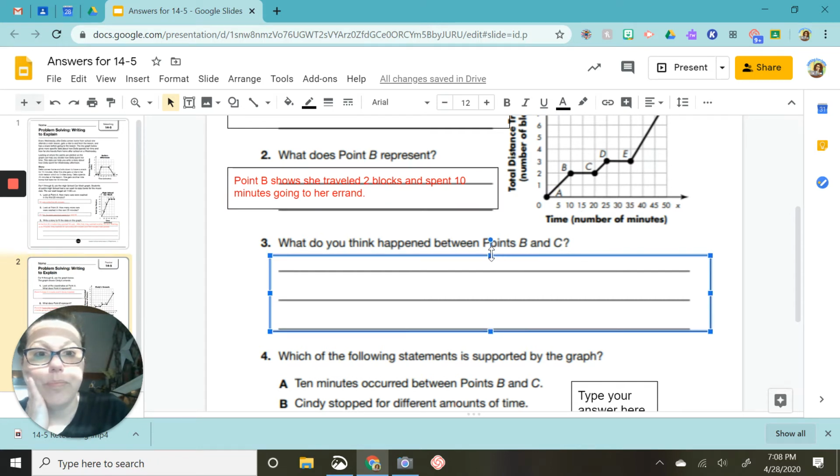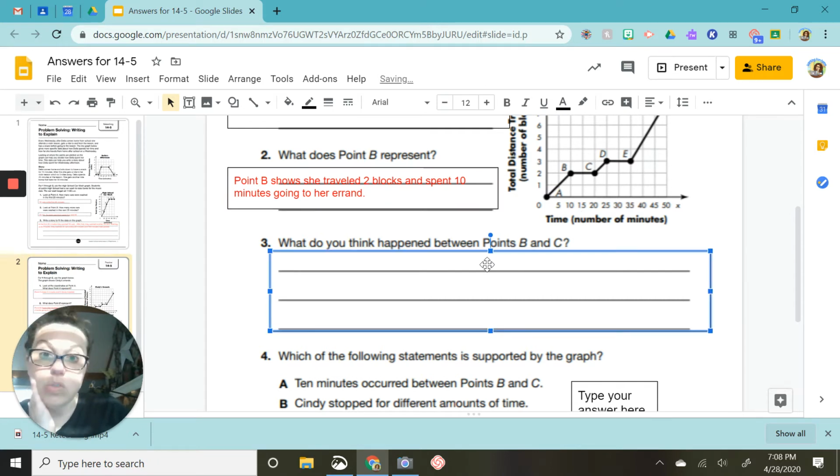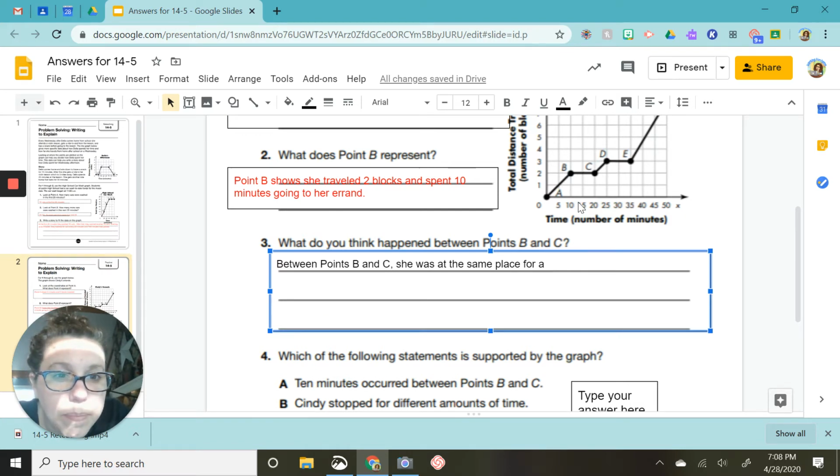Well, let's think of it. If it's like one of my favorite stores like Ross or Marshall's, what am I doing when I go to that errand? I'm spending time at the same place, right? So I'm thinking between points B and C, she was at the same place for how much time?